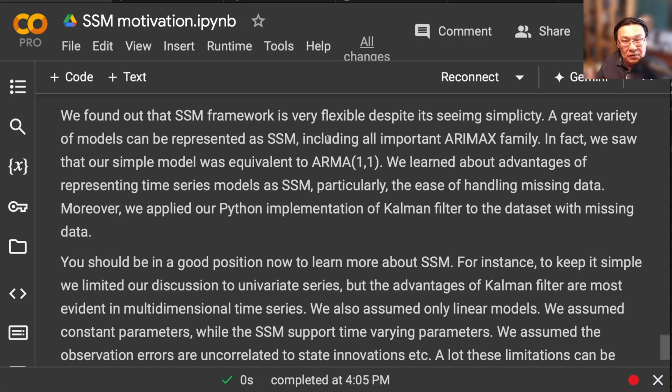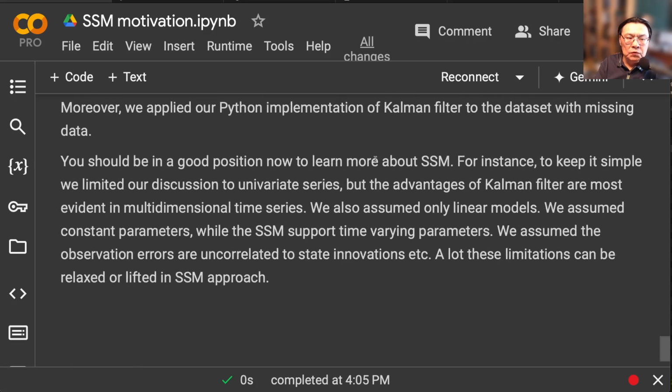Like I mentioned, we didn't go into details, but there is a very big variety of models that can be represented as state space models, and the reason for doing so is the efficiency of the Kalman filter. It's a very fast filter, because it uses a recursive procedure to quickly calculate filtering and smoothing, and it also has the capability to handle missing data relatively easily compared to some other approaches.